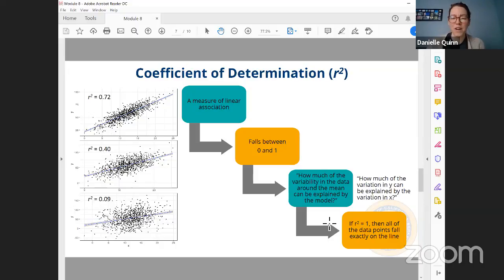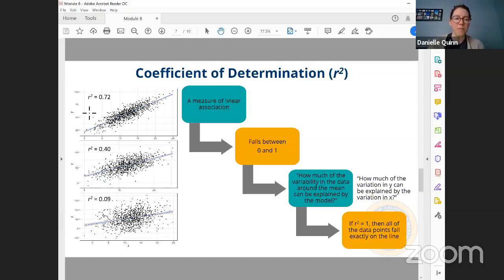This is the R-squared value. This is a measure of linear association that falls between 0 and 1. And it tells you how much of the variation in y can be explained by the variation in x. If R-squared is equal to 1, all of the points would fall exactly on the line. That never really happens. So the higher the R-squared value is, the closer those points are falling to the line.